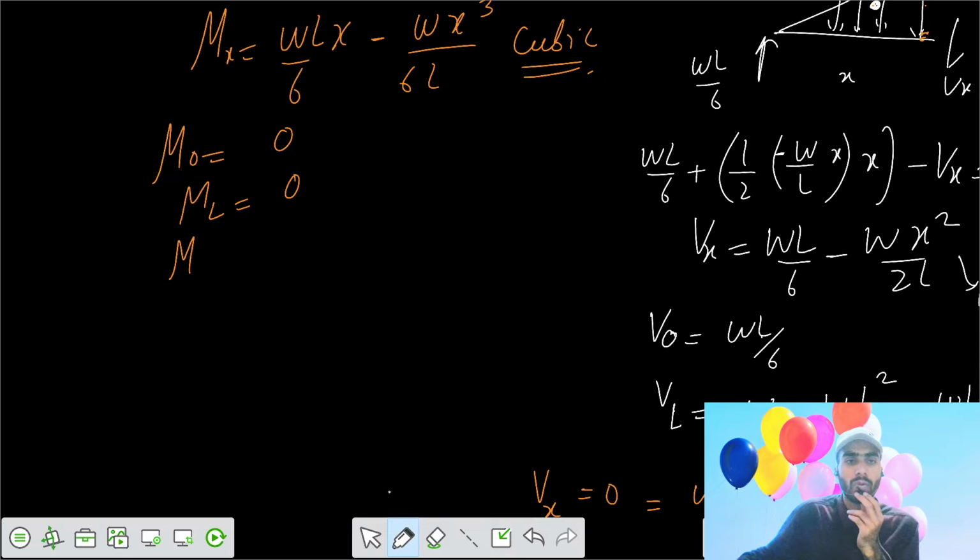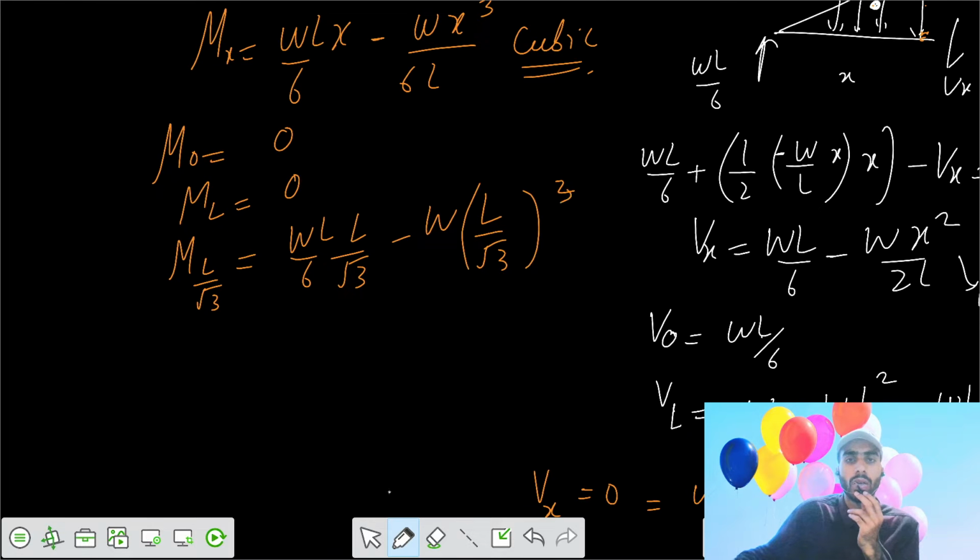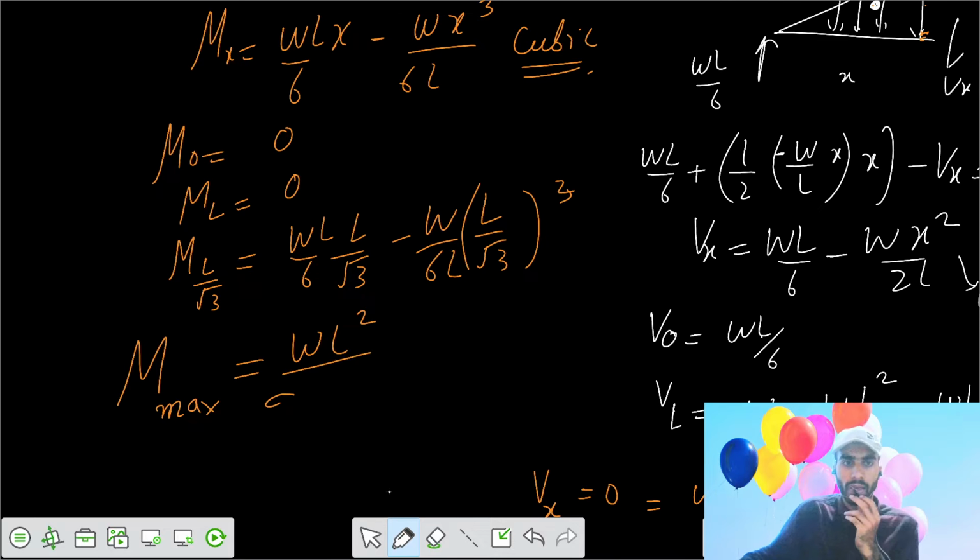We want to calculate the moment at L by root 3. That equals WL by 6 into L by root 3 minus W into L by root 3 whole cube by 6L. Then we can also write that the moment maximum comes out to be WL square by 9 root 3.